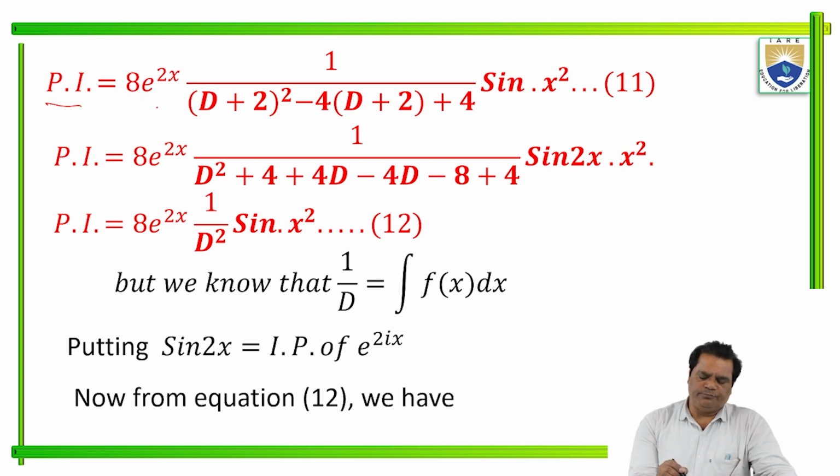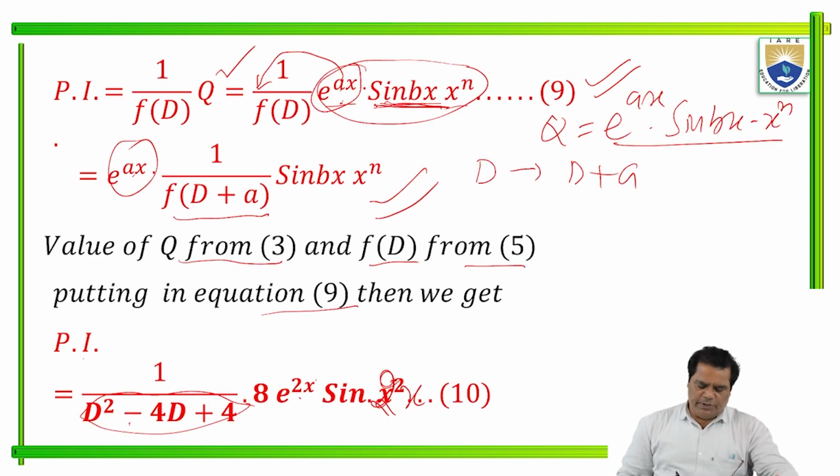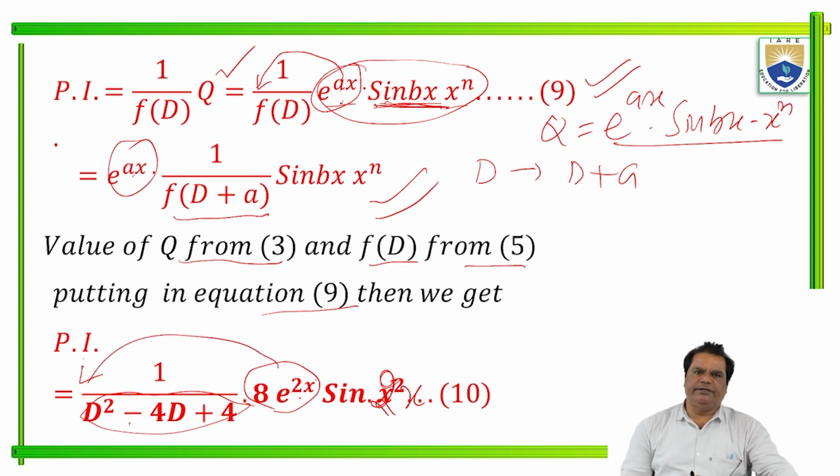So here 8e to the power 2x goes to the left side. In our question this is 8e to the power 2x, and this function goes to this side.